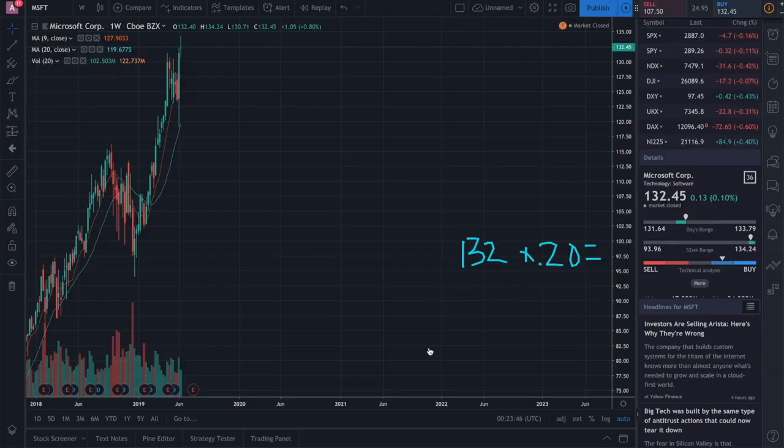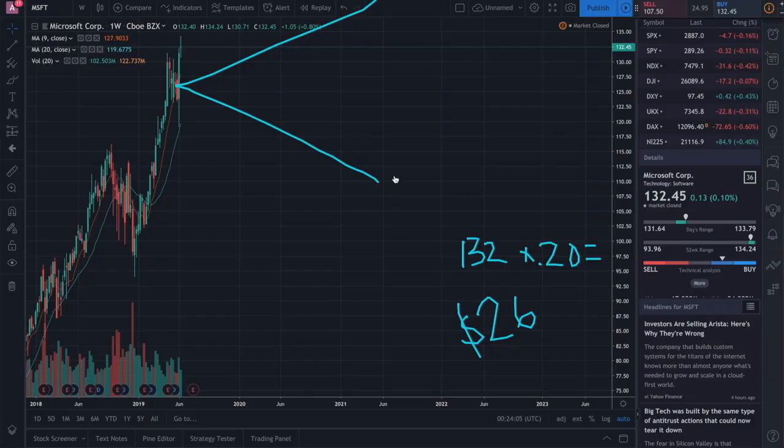So 132 times 0.20 gives us $26 roughly. So based on standard deviation, within the next year, we have a range for Microsoft. And that range is $132 minus 26, which equals 106, and $132 plus 26, which equals 158.